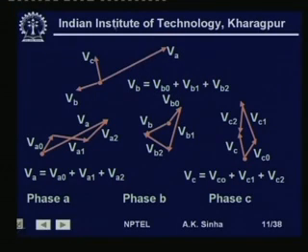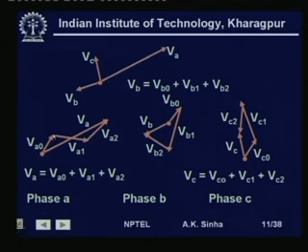If you see here, we have an unbalanced set of phasors VA, VB, and VC. This certainly is an asymmetrical unbalanced set. Now, if you look at this, VA is equal to VA0 plus VA1 plus VA2.